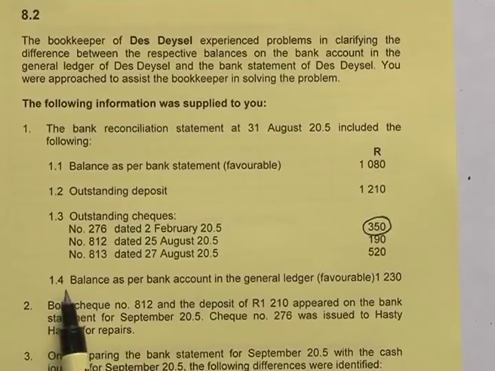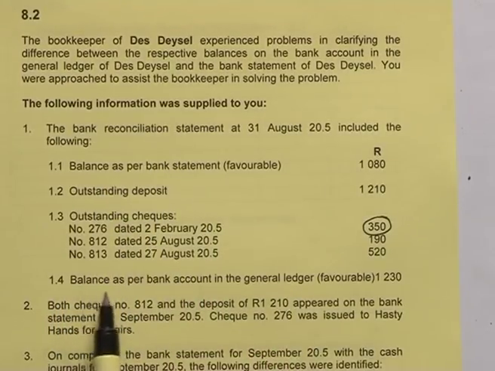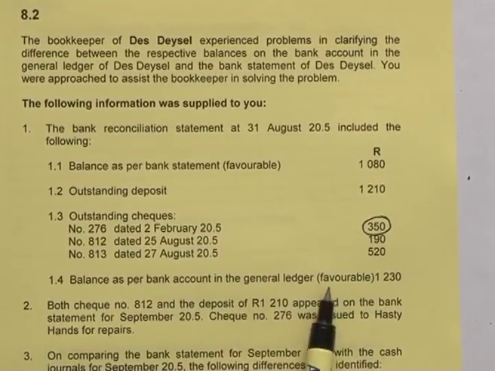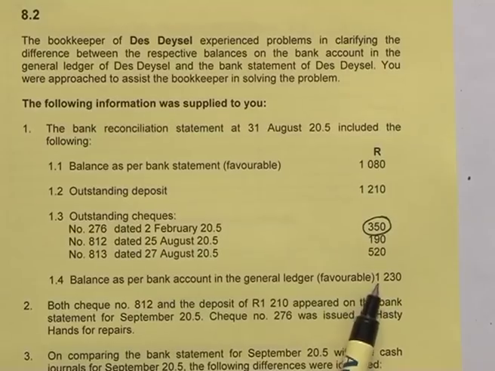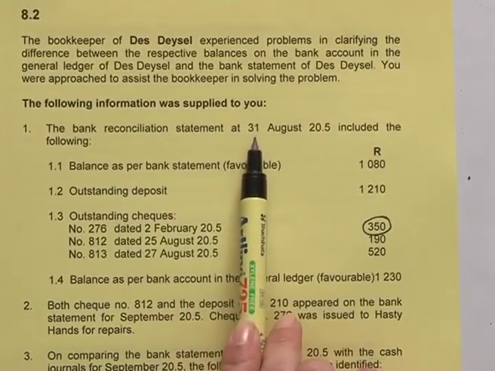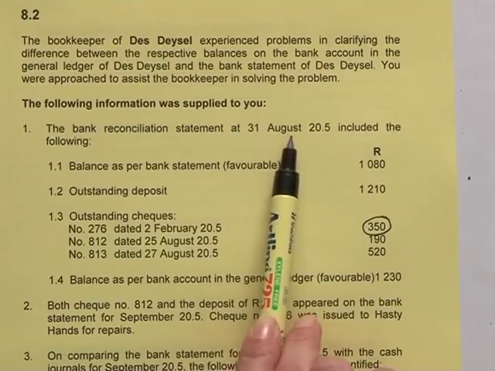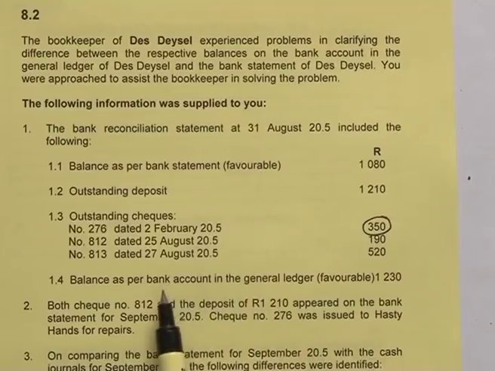In 1.4, they mention, part of the bank reconciliation statement still, balance as per bank account in the general ledger, and we had a favorable balance of 1,230. Now, the bank reconciliation statement was prepared 31 August. So between the 31st of August and the 1st of September, there couldn't have been a change in this balance.